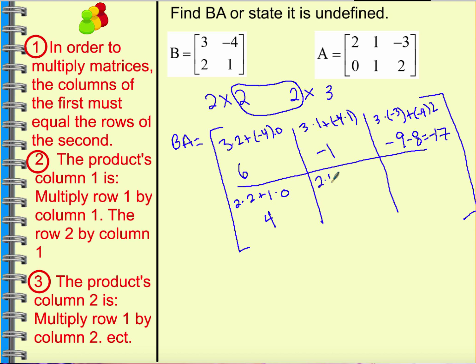2 times 1, I'm now in the second column, multiplying the second column, plus 1 times 1, still second column, so that's 2 plus 1 is 3.